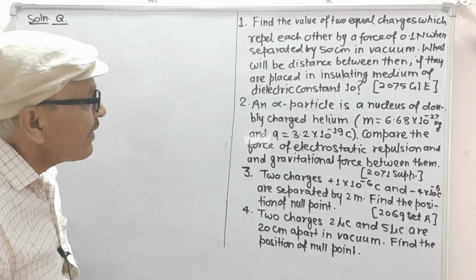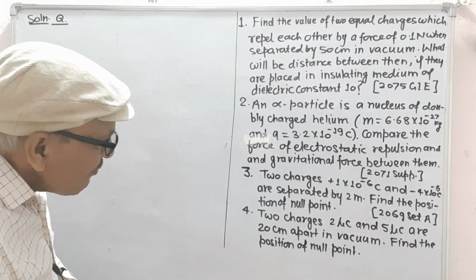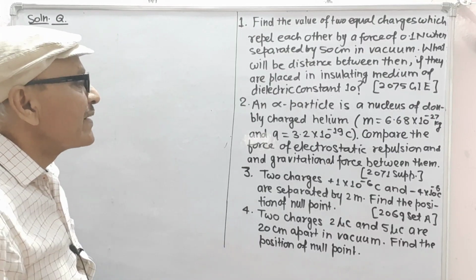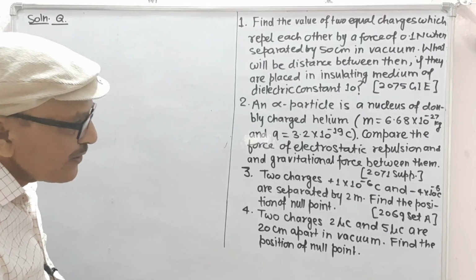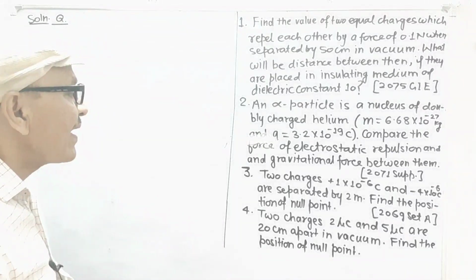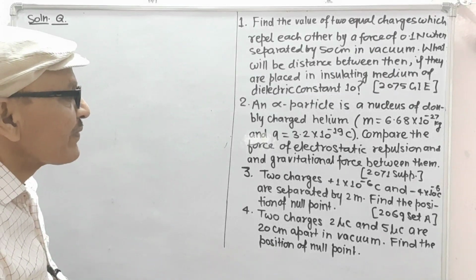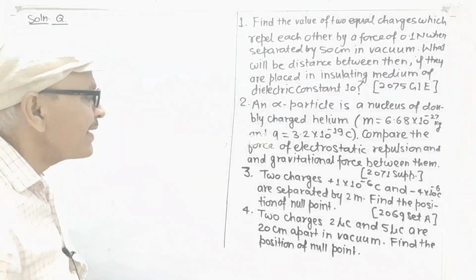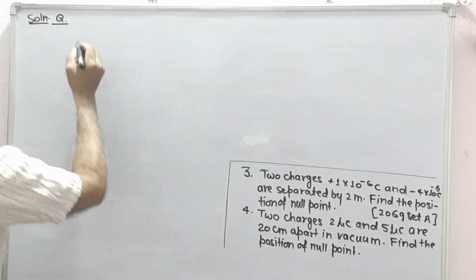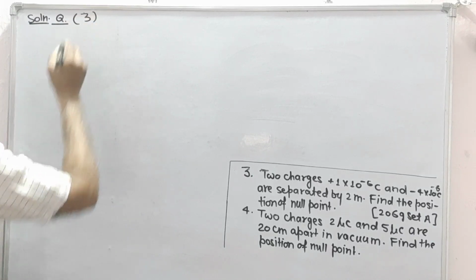Question number 3. Two charges plus 1 into 10 to minus 6 coulomb and minus 4 into 10 to minus 6 coulomb are separated by 2 meter. Find the position of null point. Now solution to question 3.